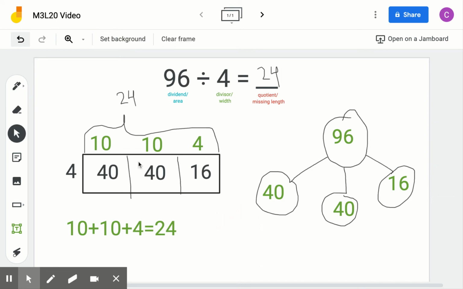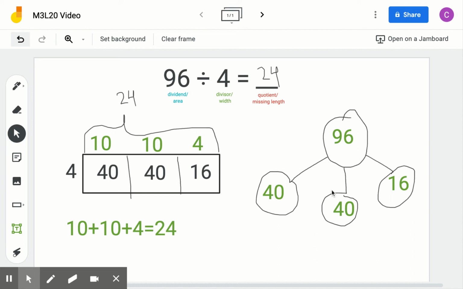All right, so we know in our area model we had 40 plus 40 plus 16 equals 96. The same goes for our number bond. These circles have to add up to 96. Remember, we picked 40 and 16 because those numbers are very easily divisible by 4.